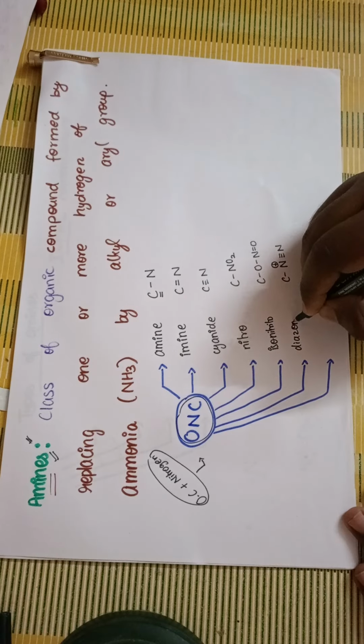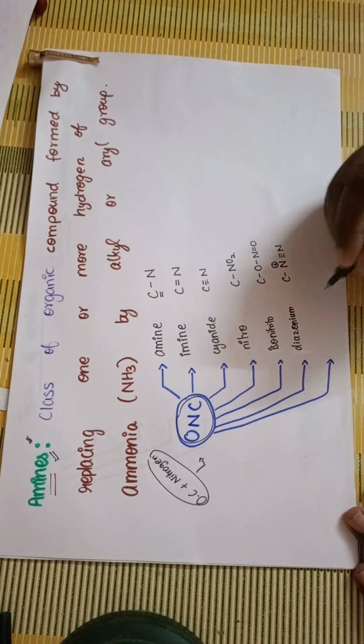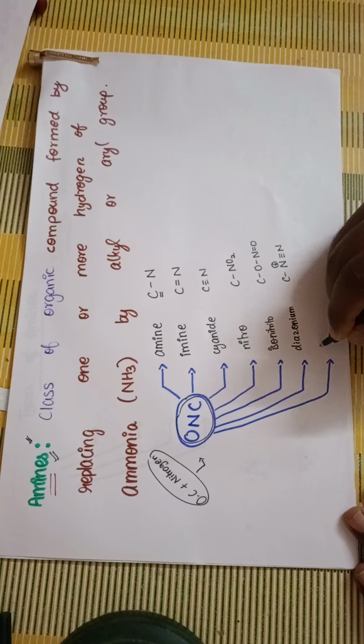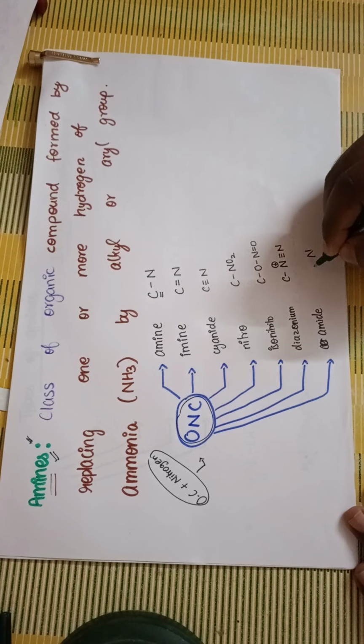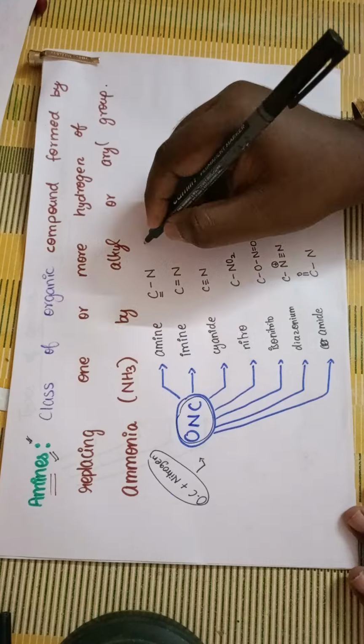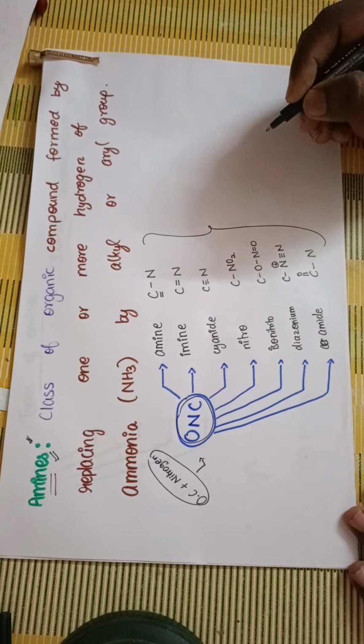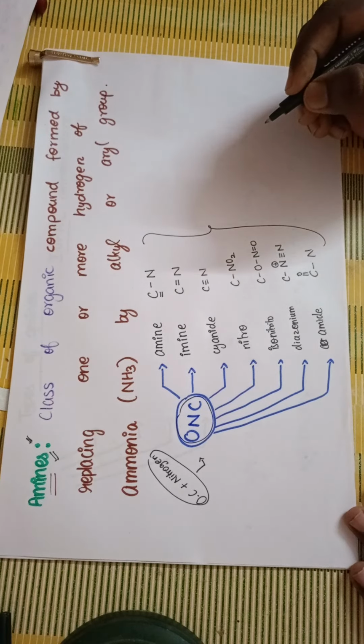So it should be called the diazonium group. Then we have the carboamide group. Amide is nitrogen bonded with a carbonyl carbon. So these are the different classes of compounds which have nitrogen as one of the elements.